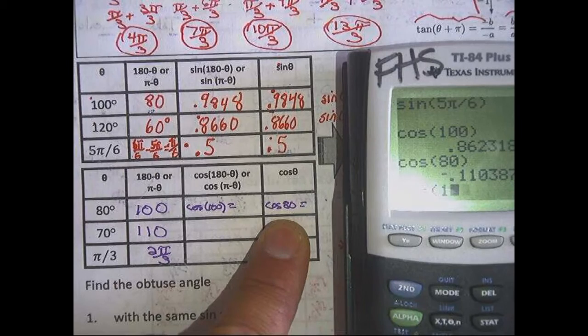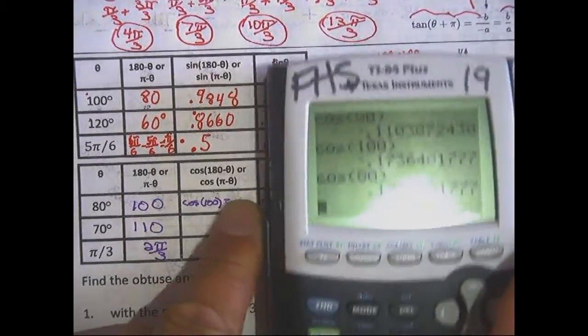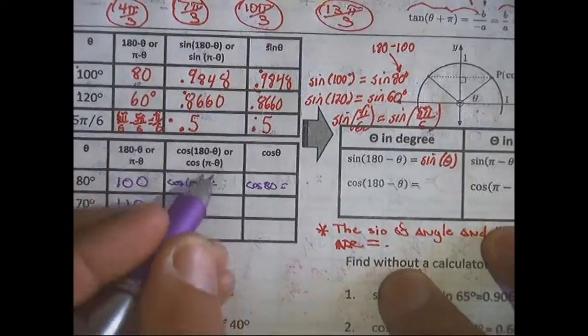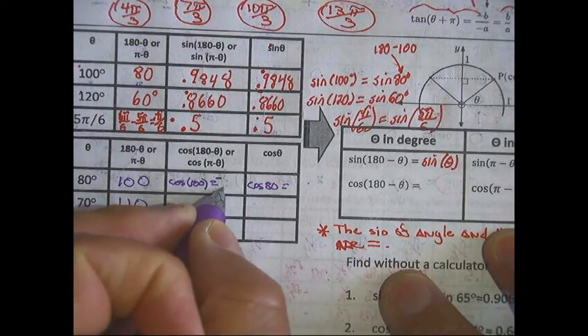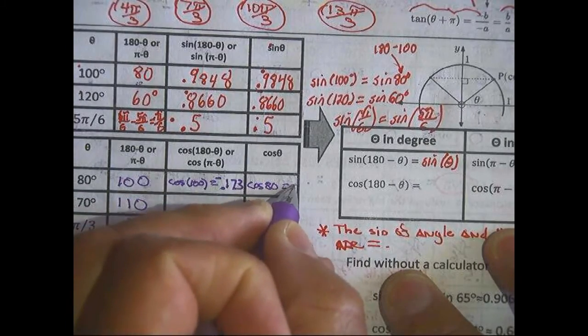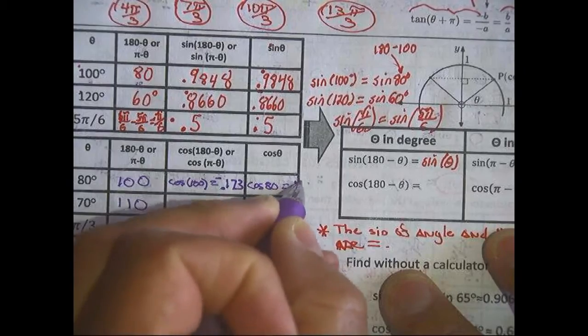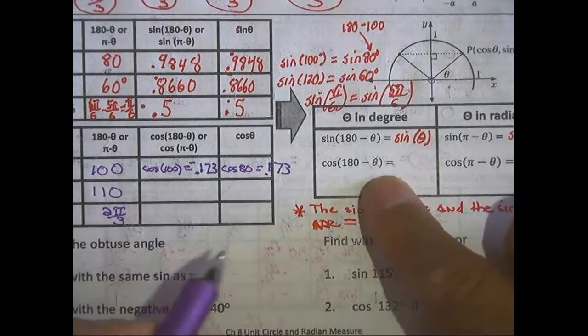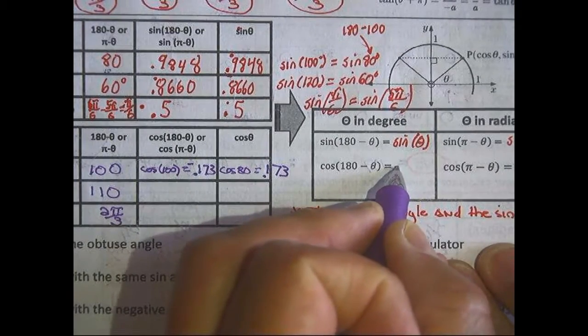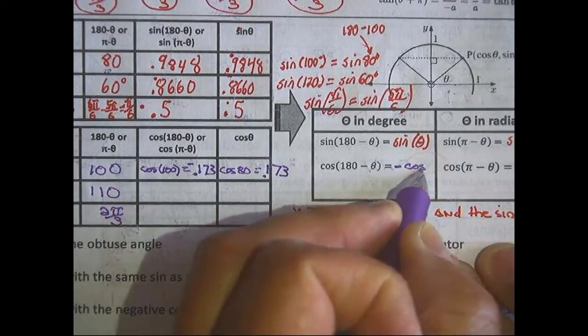Okay, cosine 100, cosine 80, and we can see they're opposites of each other. So this was negative 0.173, and this was positive 0.173. So this part right here is going to equal the opposite of cosine.